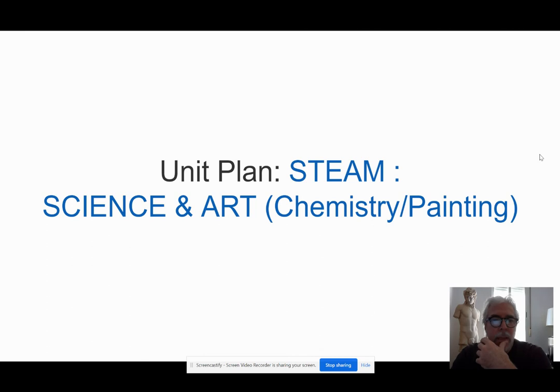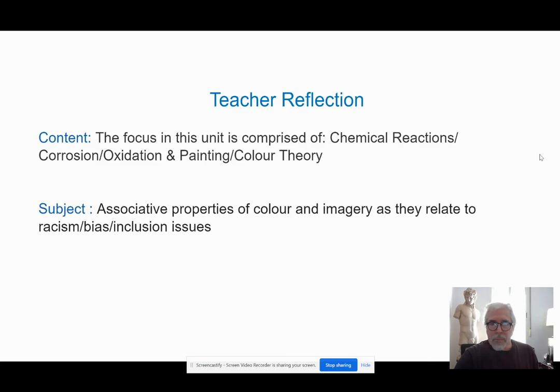So we're talking about this unit or this project is about STEAM, about trying to blend science and art. And so the focus is on chemical reactions, corrosion, which is what's happening with the copper, and oxidation, which is what's happening with the steel, and then painting and color theory.